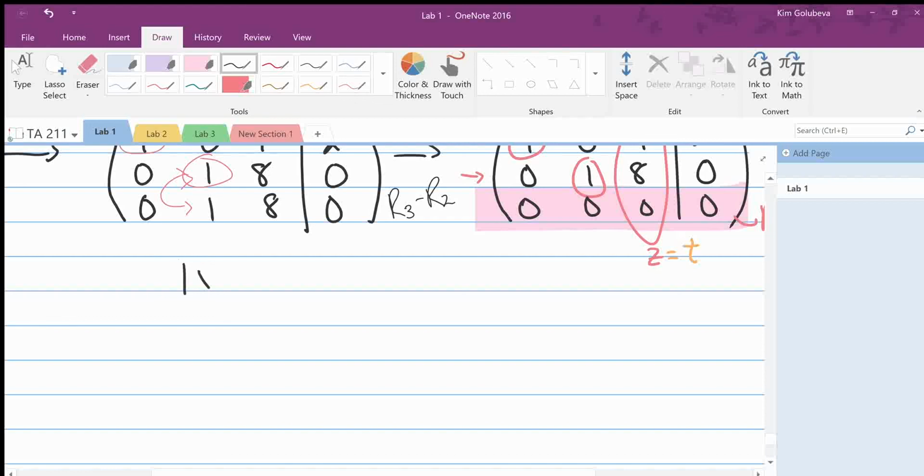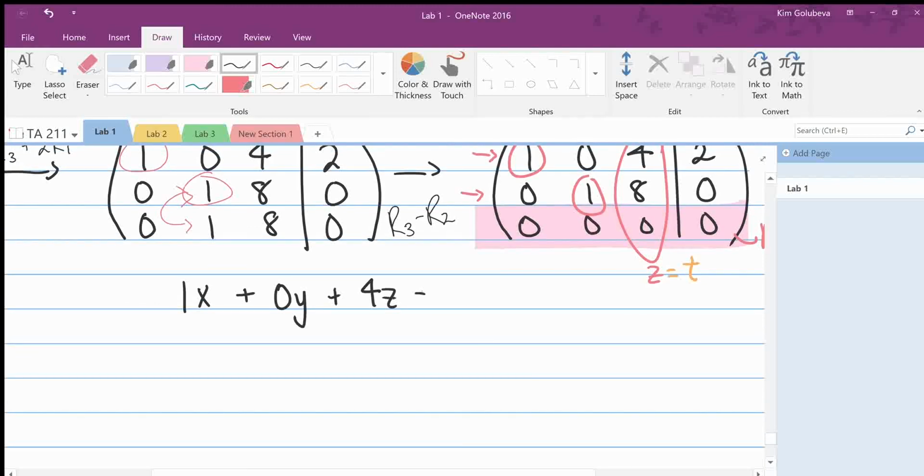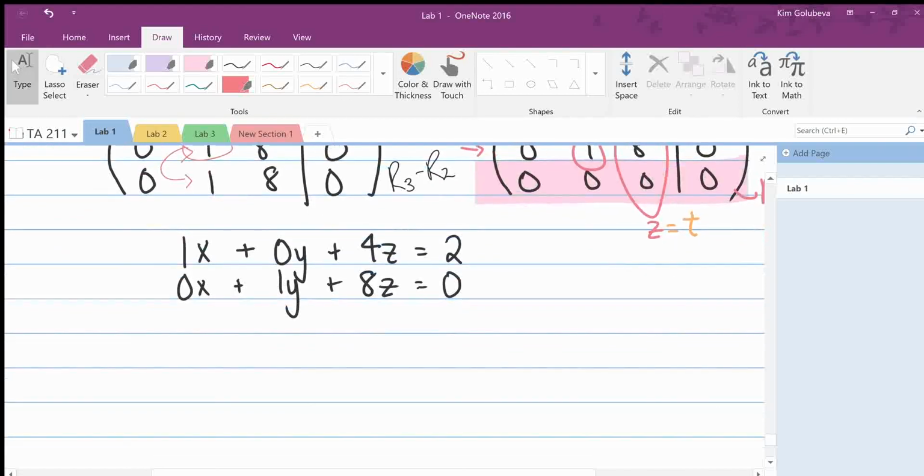So right now we have 1x plus 0y plus 4z equals 2. And we have 0x plus 1y plus 8z equals 0. Okay, so remember we're calling z t. T just means you're choosing any integer, so t is an element of Z. The Z with the double line means that it's an integer.